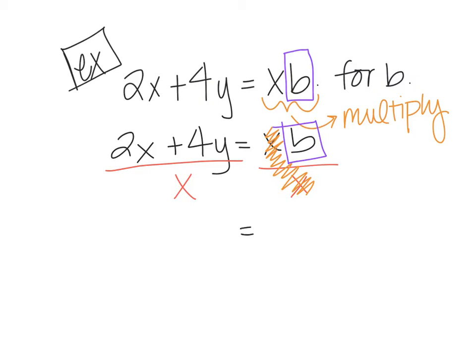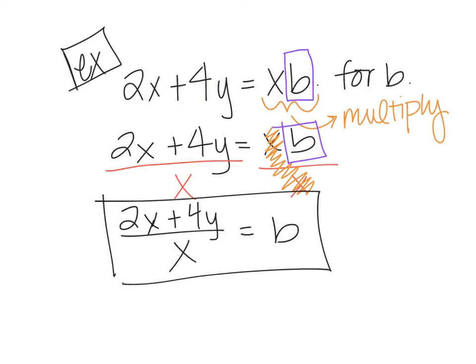So we're left with just b. And then we also have 2x plus 4y over x, and we can leave it just like that. Okay? So there's one example.